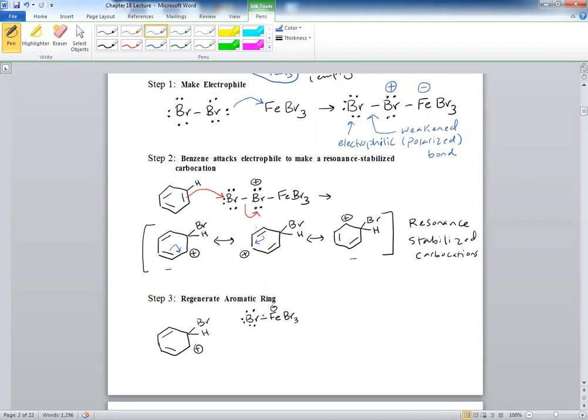So it's going to attack the H. This pair right here is moving to form a bond between the bromine and the hydrogen. The electrons between the hydrogen and the carbon shift and reform the benzene ring, aromatic.